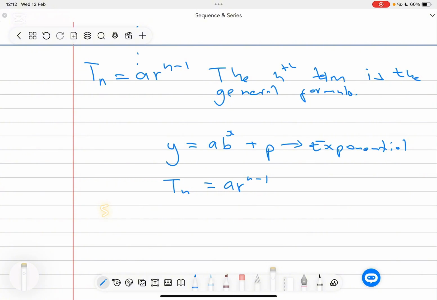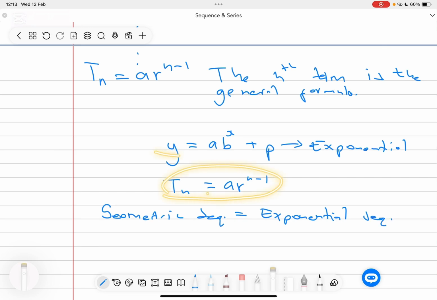So if you hear someone saying geometric sequence, it is actually the same as saying exponential sequence, because this sequence has the same formula as that of an exponential equation or function.